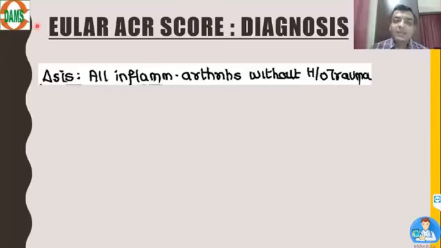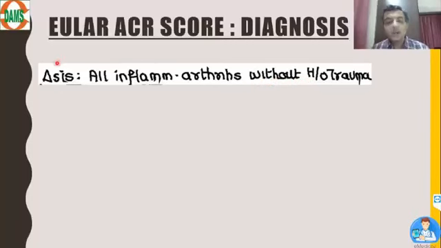So write with me the diagnosis. When do you want to perform the EULAR score? You must perform the EULAR score in all patients with inflammatory arthritis without a history of trauma.